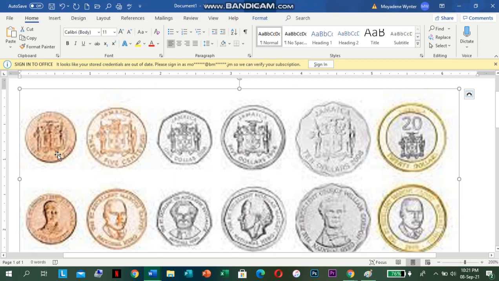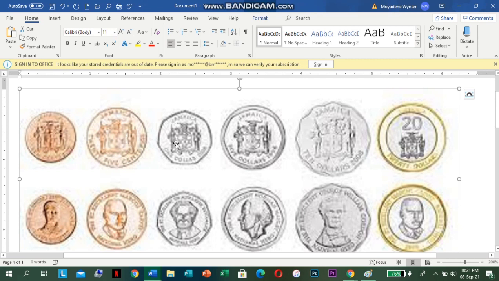Some of you would not know the Jamaican cents. You are too young, or some of you will know because you do your research. This here that the cursor is on is the 10 cent. This is the 25 cents.